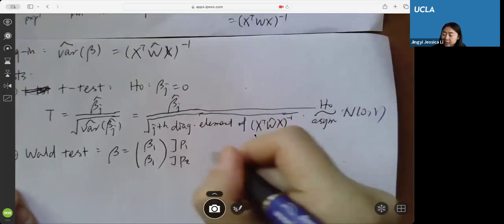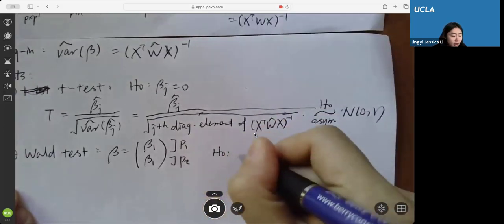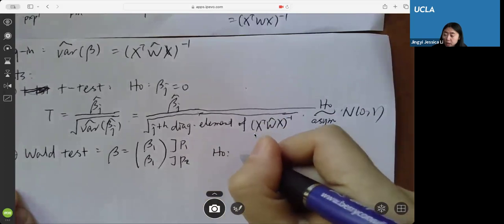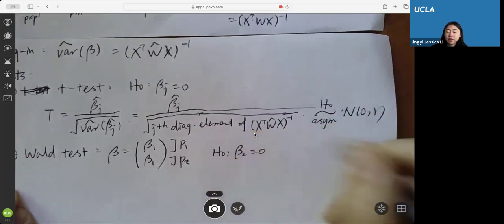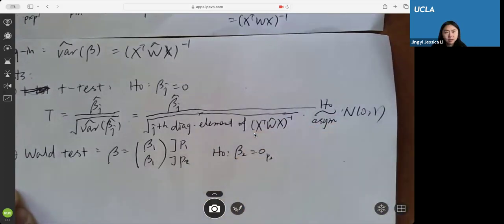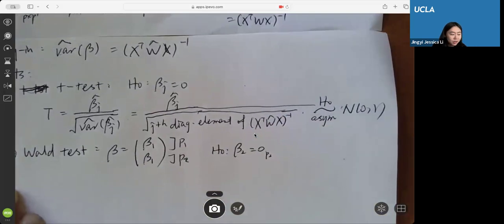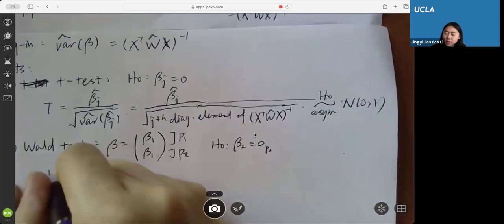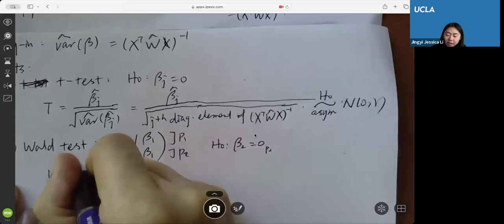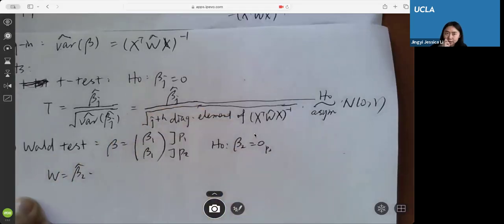If our null hypothesis is beta 2 is 0, of course p2 dimensional, then the Wald statistic is just beta 2 hat times what? We need the inverse of the variance of beta 2 hat.